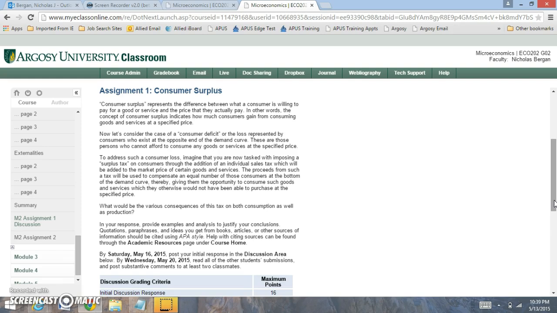However, after I go pay for coffee, I only have to pay $2. So I'm willing to pay $4, but the coffee only costs $2. That's the consumer surplus: what I am willing to pay minus what I have to pay. Every consumer deals with a consumer surplus, and when consumer surplus is maximized, consumers are more willing to buy a product.